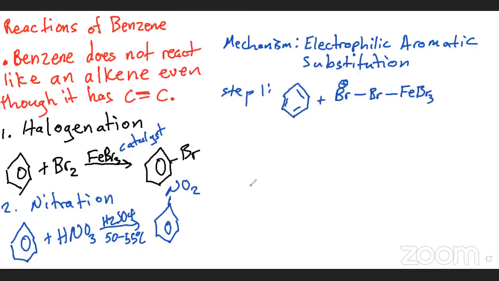Once that is done, just like with alkenes, once you have the double bond, it will attack this. It is basically removing the bromine from this complex.